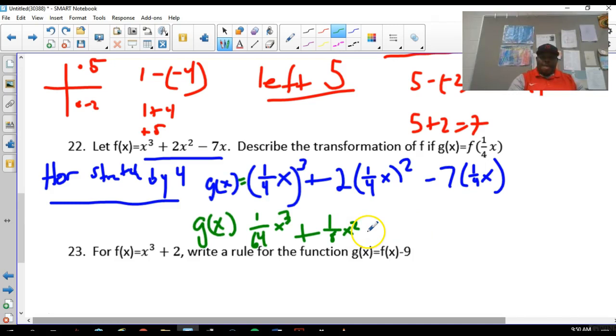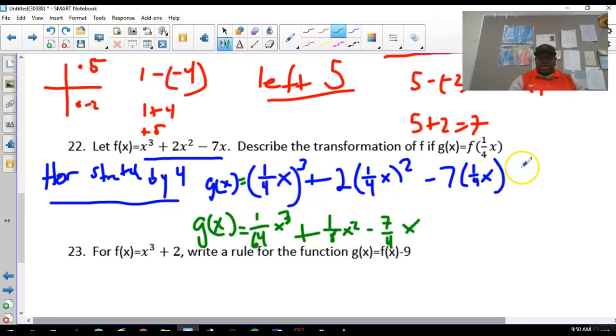All right. And then right here, you'd have, oops, man, my mouse pad is tripping, y'all. There we go. You'd have just 1/4 x, and you multiply the -7, that'll give you a negative 7/4 x. All right, that's the simplified version when you simplify.